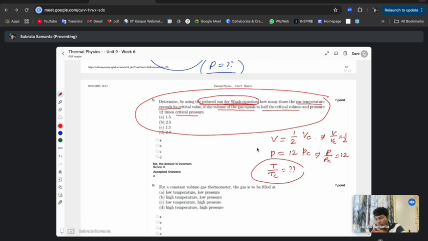And you have to use the van der Waals equation, or the reduced van der Waals equation. The reduced van der Waals equation is nothing but the same equation rewritten in terms of other variables, which I will discuss now.